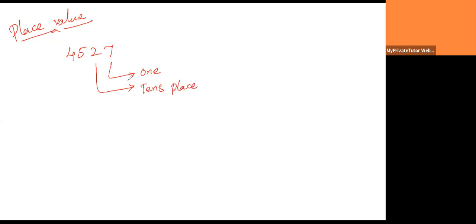So the position of 2 is tens, but the place value would be a multiple of that position, which is tens times 2. That's how it works. Okay, so this is hundreds place, and this is thousands place.